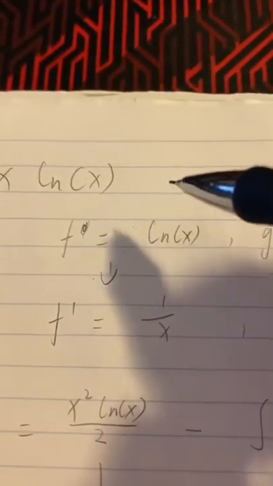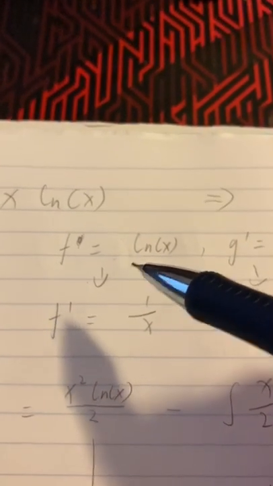The last question is question 3, x ln x. It also needs this formula, but I choose a tricky way.